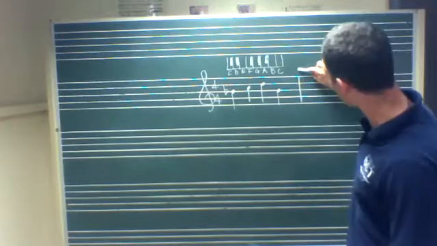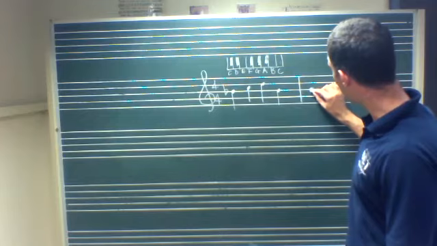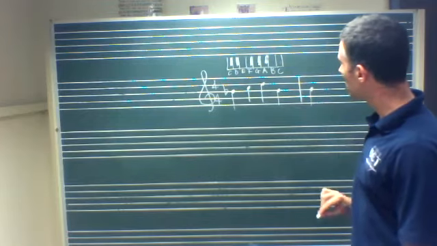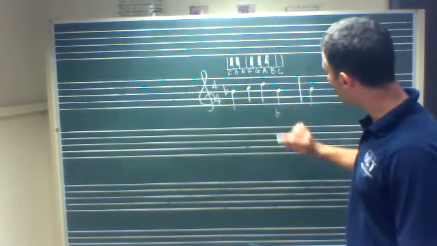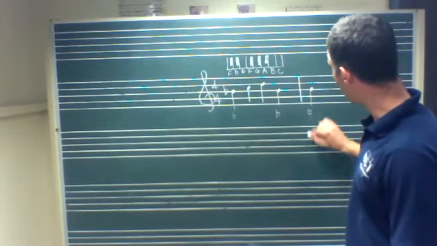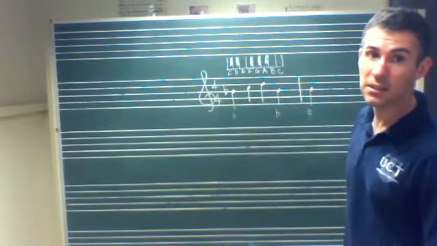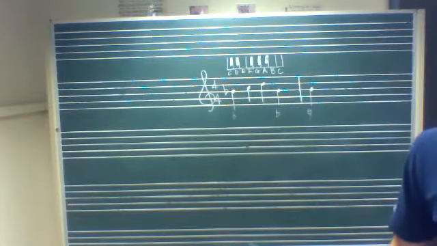Until you get to the bar line. Here's the bar line. And as soon as we go over the bar line, this one is a flat, but this one is just B natural because now the bar line has automatically canceled this one out. You with me? Yes, sir.